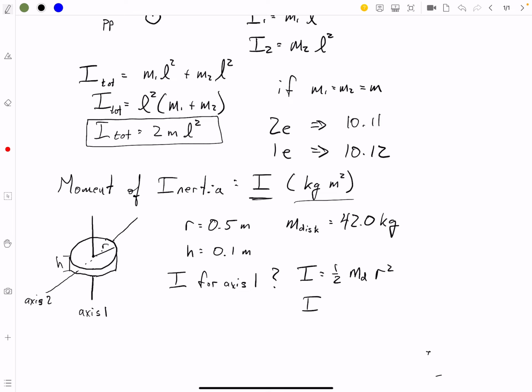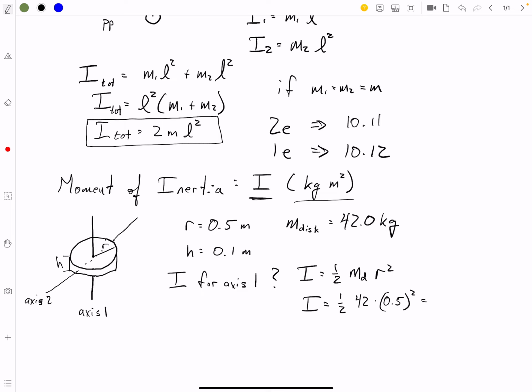So what is that I? Well, it's 1/2 times 42 times 0.5 squared. Do you guys know what 0.5 squared is? It's not even a trick question. 5 times 5 is 25. And it ends up being a quarter, 0.25.